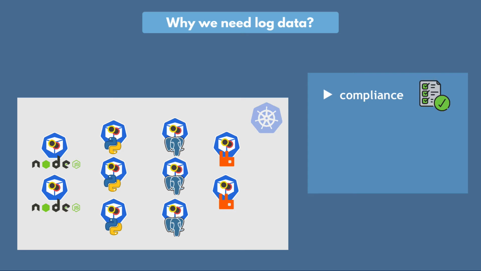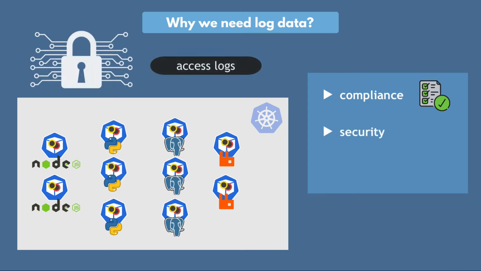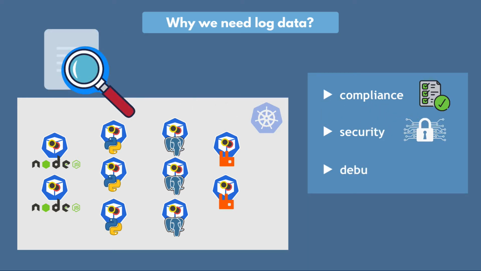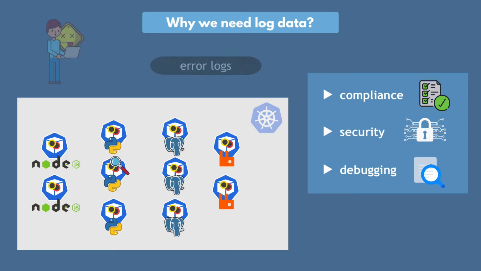It could be for your application security, for example, to detect suspicious requests in your application by logging all access attempts with IP address and user ID, etc., or log who is accessing what and when. And an obvious usage for log data is debugging your application when there is an error, analyzing all application logs to find the cause. These are some of the examples why log data is so important.